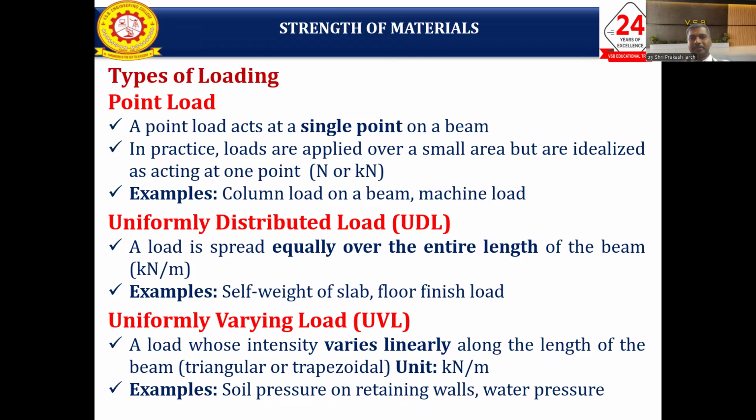In practice, loads are applied over a small area, but it is idealized as acting at one point. Generally, the unit is kilonewton or newton. For example, load acting from a column or machine load will be a single point load we have to consider.